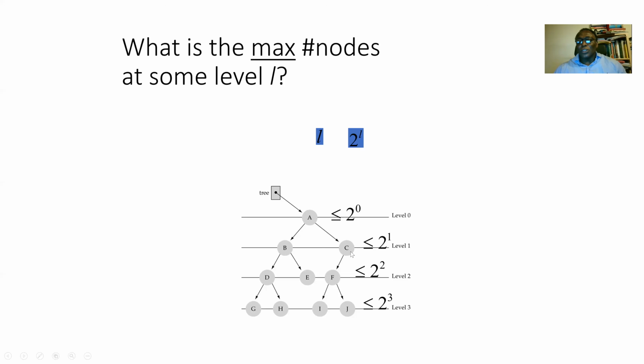So in a binary tree, the most children you can have is 2. So you can have children from 0 to 2. 0 means you don't have any child. You can have 1, for example, C has only 1. But here we are talking about the maximum number of nodes we can have at each level. So the maximum each node can have is 2.